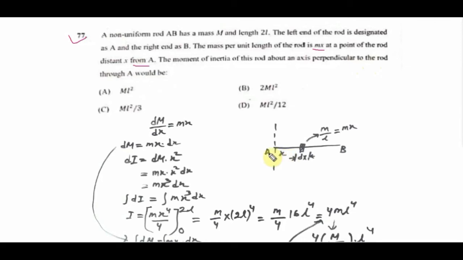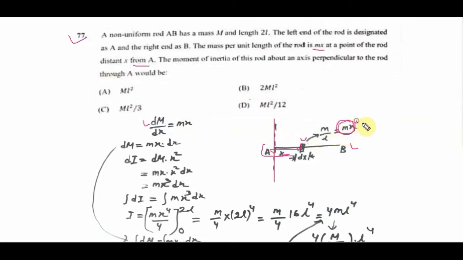So as per the question, we have a rod with both ends A and B, and it is given that at a point the mass is mx and from A the distance is x. So we have to find the moment of inertia at this axis at point A. So at a point the mass will be m by L if L is the distance.